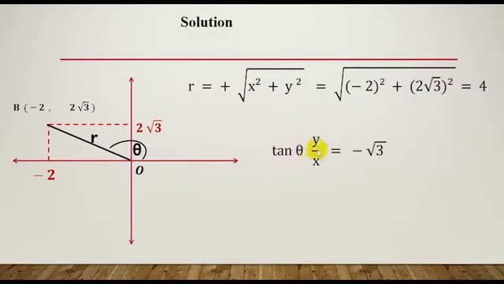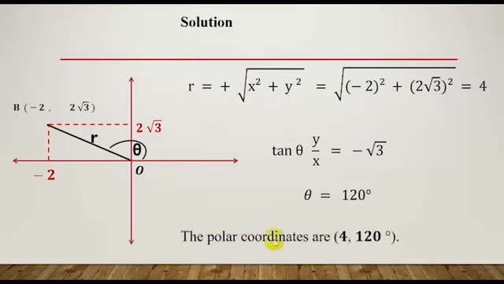Tan theta will be y over x, which is negative square root of 3, and theta will be 120 degrees. So the values are r equal to 4 and theta equal to 120. Easy way, we have it like that.